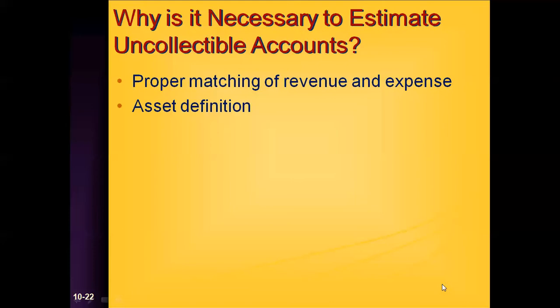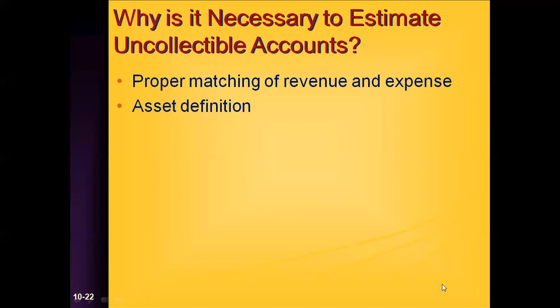First of all, in an overview sense, the cost of giving credit or allowing charge accounts is usually estimated as a percentage of sales. It's a cost of doing business. So since it's a cost of doing business, we need to properly match revenue and expense.